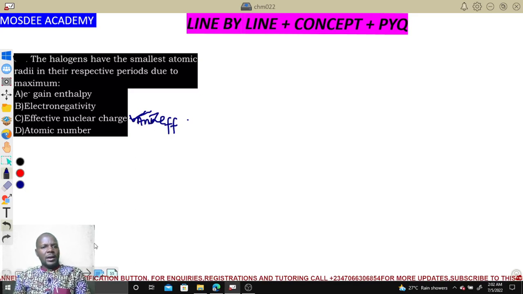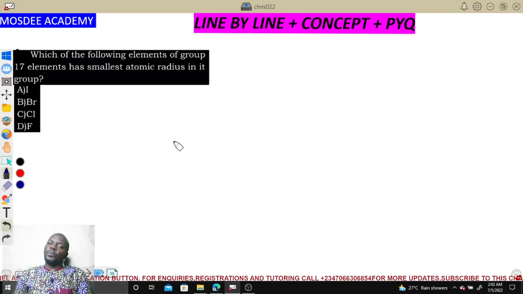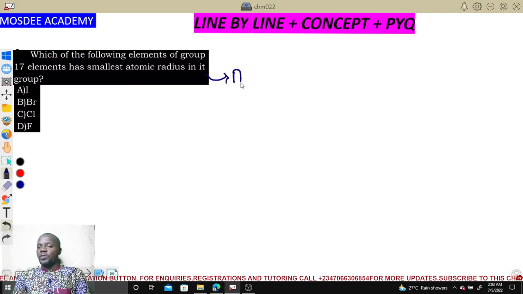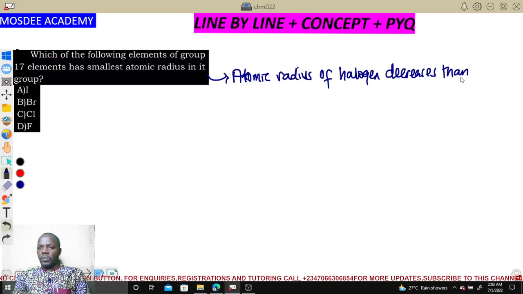The next question says, which of the following elements of group 17 has the smallest atomic radius in its group? You can keep this in mind: atomic radius of halogens increases down the group.